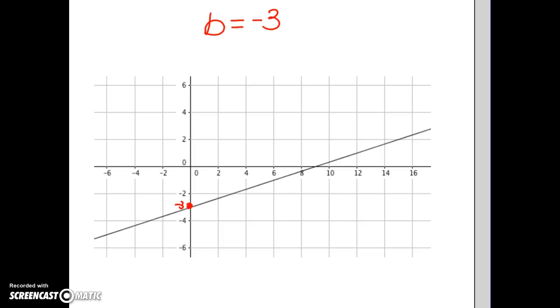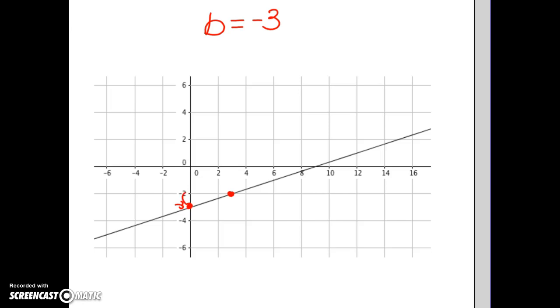And then to find the slope, I can either count boxes from one point to a second point, or I can use 2 points in the slope formula to find the change in y over the change in x. I am going to pick a second point on the line right here, and I am going to count boxes, remembering that each complete box is worth 2.